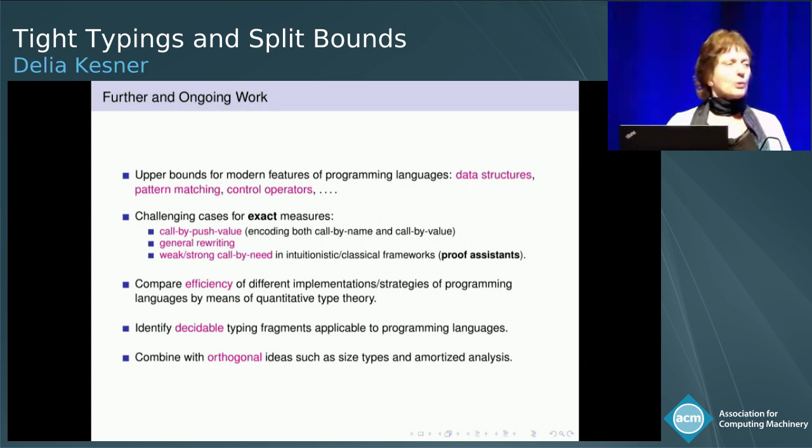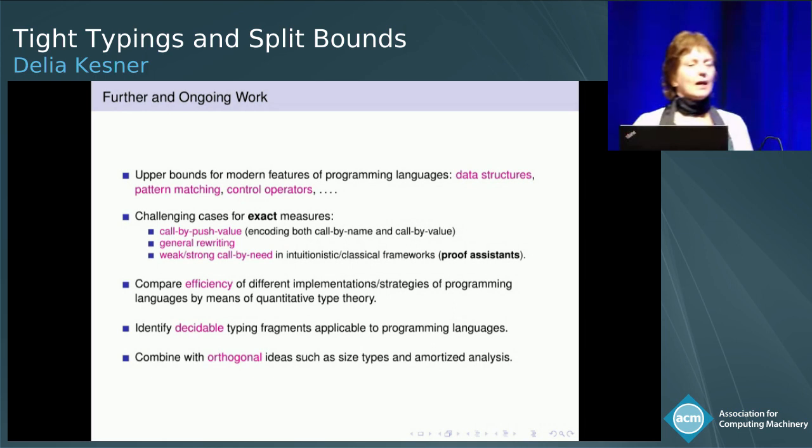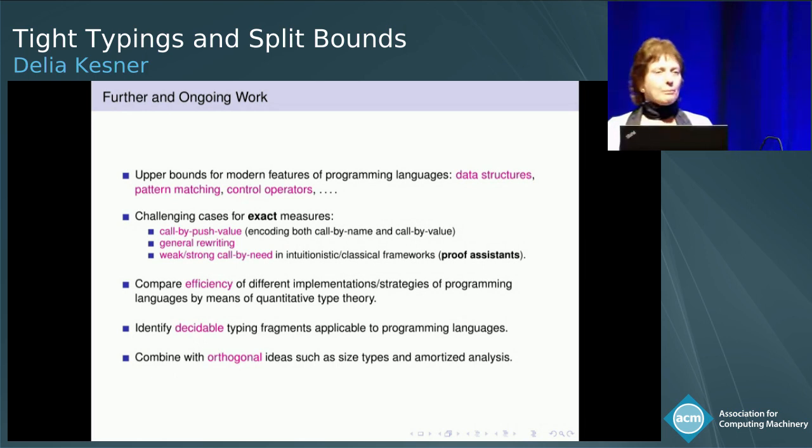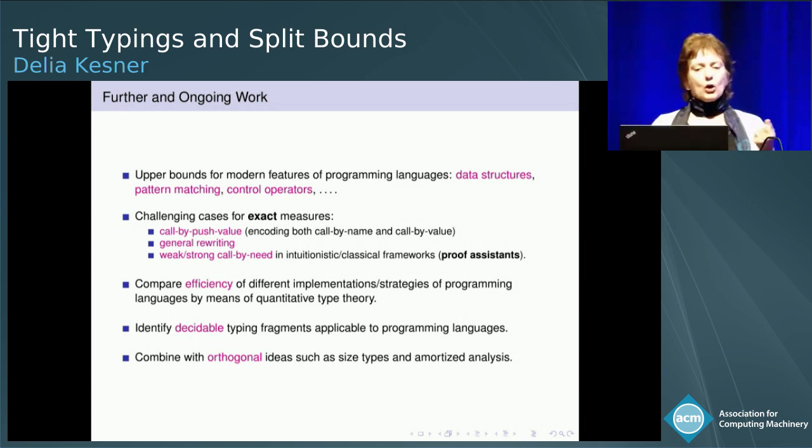There is one which characterizes properties in call by name, another one characterizing properties in call by value. So it will be interesting to understand if there is some typing able to capture call by push value in a very precise way, to understand what is happening there. Okay, thanks for your attention.